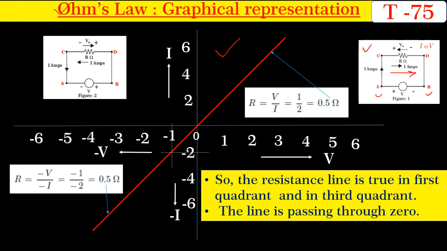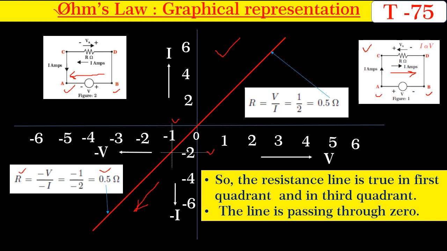Now, let us reverse the polarity such that A is negative and B is positive, and the current flow is in the anti-clockwise direction. If we do so, the resistance line which was in the first quadrant can very easily be extended in the third quadrant, because R is equal to -1 divided by -2, which again will remain as 0.5 ohm.